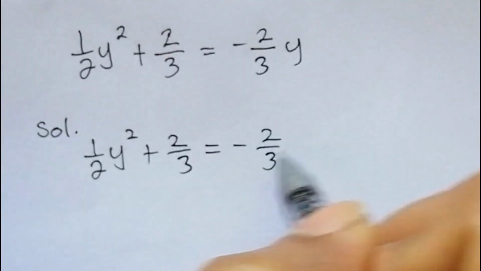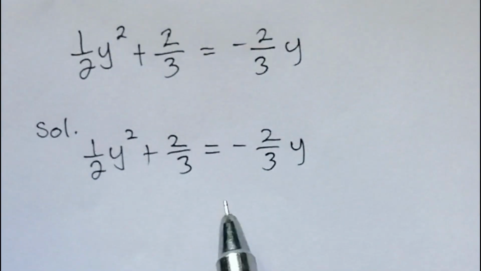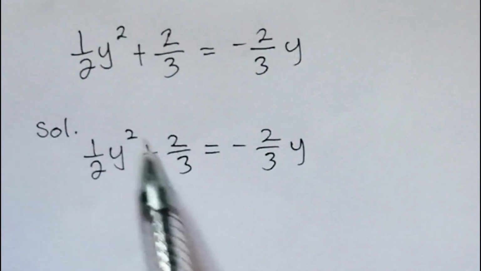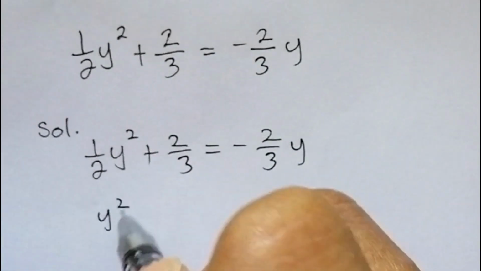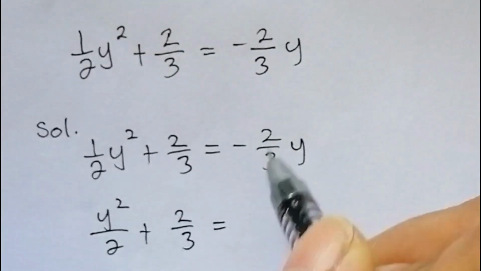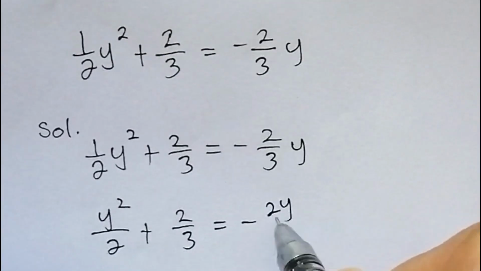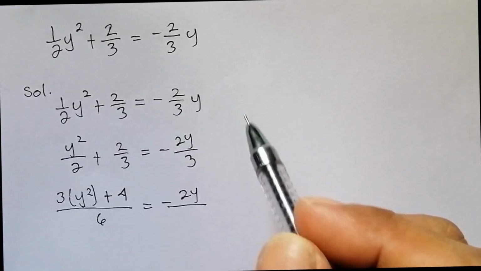Solution: rewrite the given equation. Then write it into this form. Next is to cross-multiply the left side, then simplify.